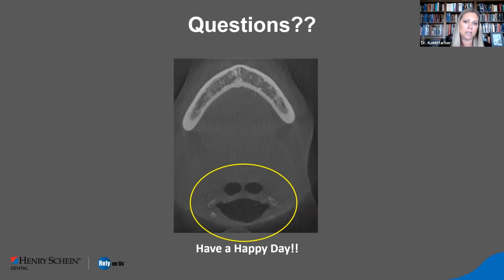Obviously, we recommend it. It's the recommendation given out by the AAOMR to take a CBCT ahead of time and be able to more properly plan for that implant placement, and to avoid any of the pertinent anatomy and that sort of thing. We know anatomy, again, is quite variable. It does not follow the textbook.